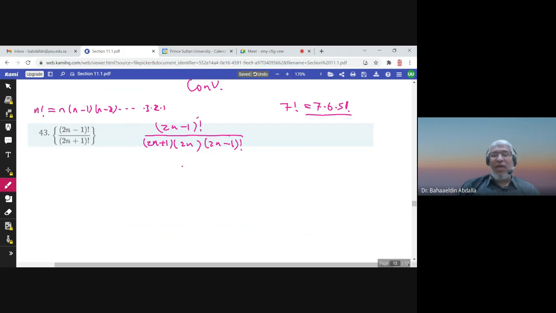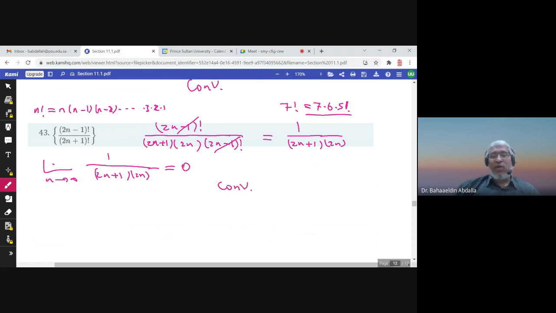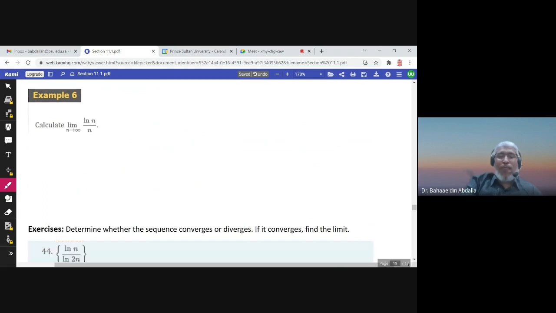Okay, so I can cancel this with this, and what remains would be 2n plus 1 times 2n. So now it is easy to find the limit. What is the limit when n goes to infinity of 1 over 2n plus 1 times 2n? Infinity times infinity is infinity, 1 over infinity is 0. So this sequence converges to 0.